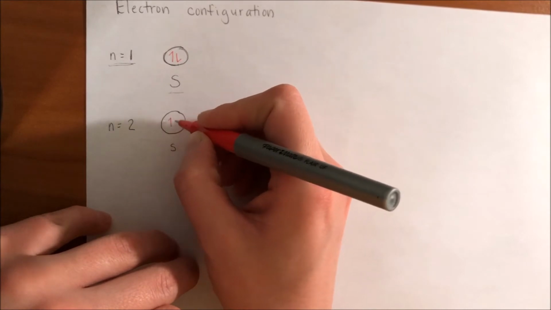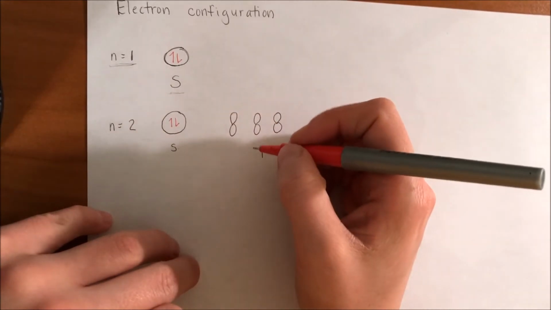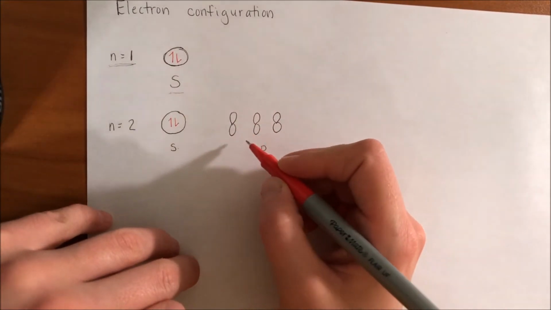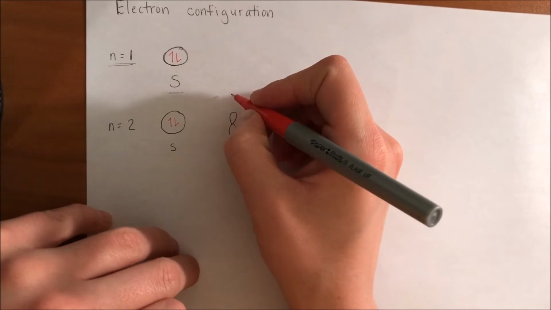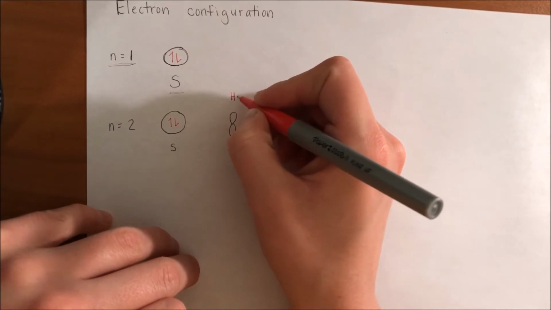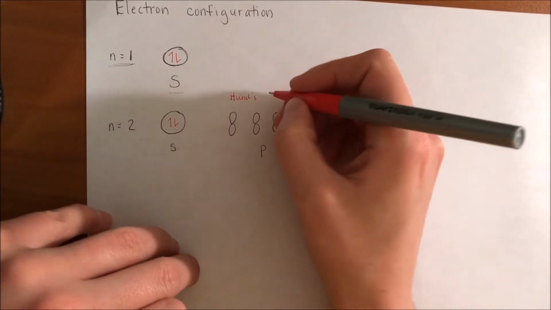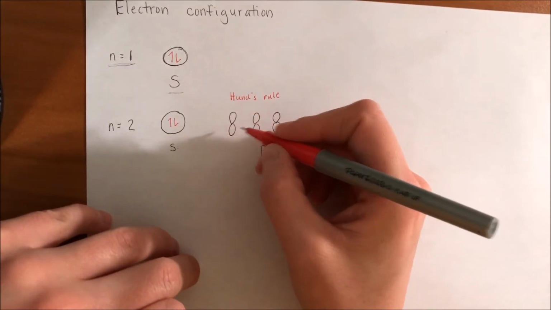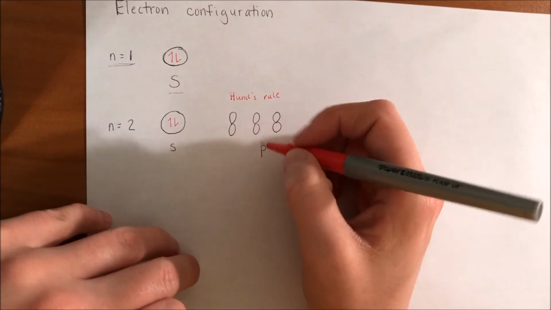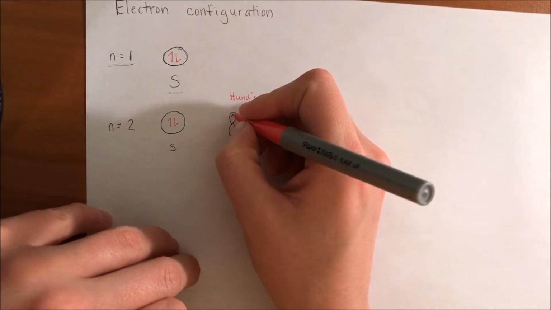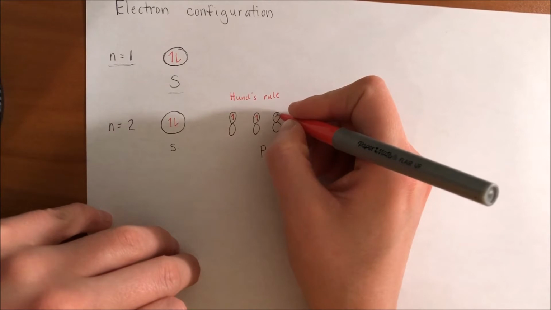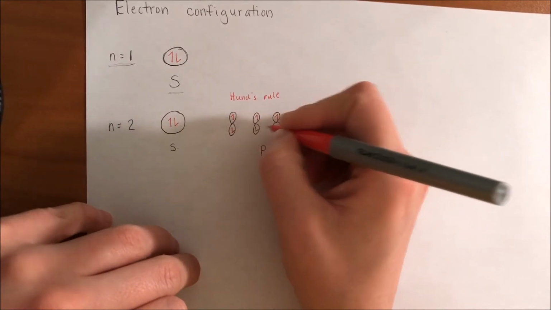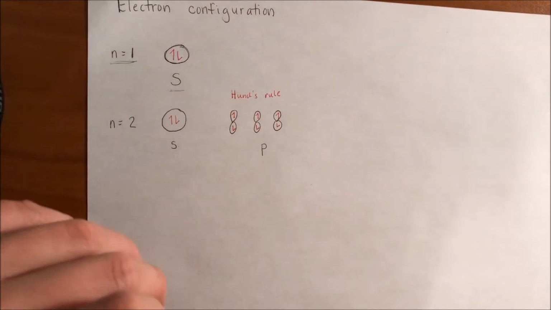So I'll place 2 in this orbital, and then in each of these orbitals, according to Hund's rule, we should place electrons by themselves in the orbitals before pairing them with another electron. So I'll give each orbital 1 electron first, and then go back and pair it with another electron.